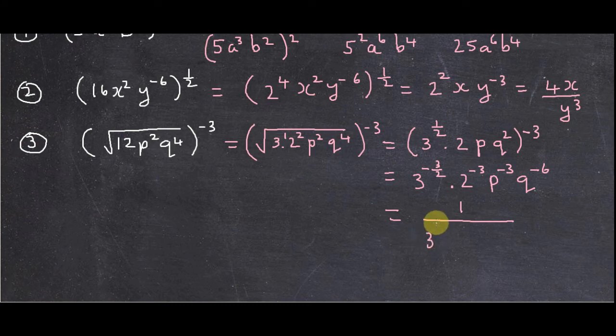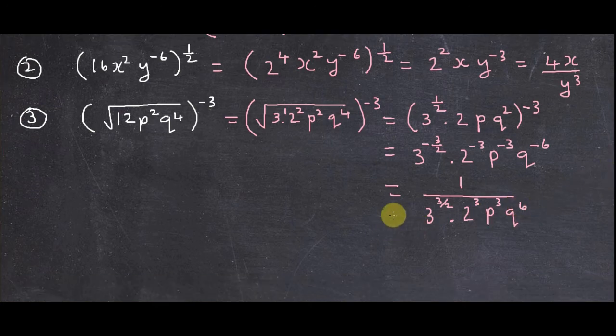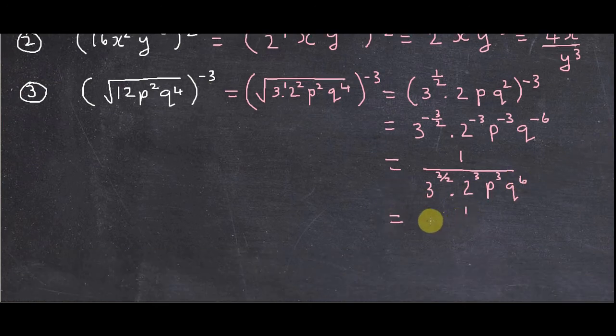So 3 to the plus 3 over 2 times 2 cubed times p cubed times q to the 6th. Two cubed is 8, so it's 8 times 3 to the 3 over 2, p cubed times q to the 6th.